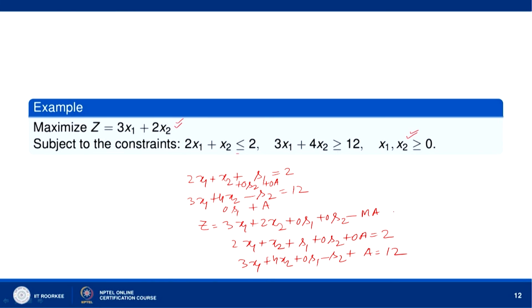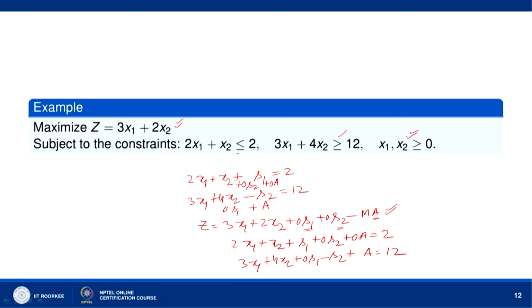Now, the objective function will be written as 3x1 plus 2x2. We will have two variables s1, s2: s1 is a slack variable, s2 is a surplus variable, and one artificial variable A, which is given a penalty minus M. This artificial variable comes because the second inequality is of greater than or equal to type.